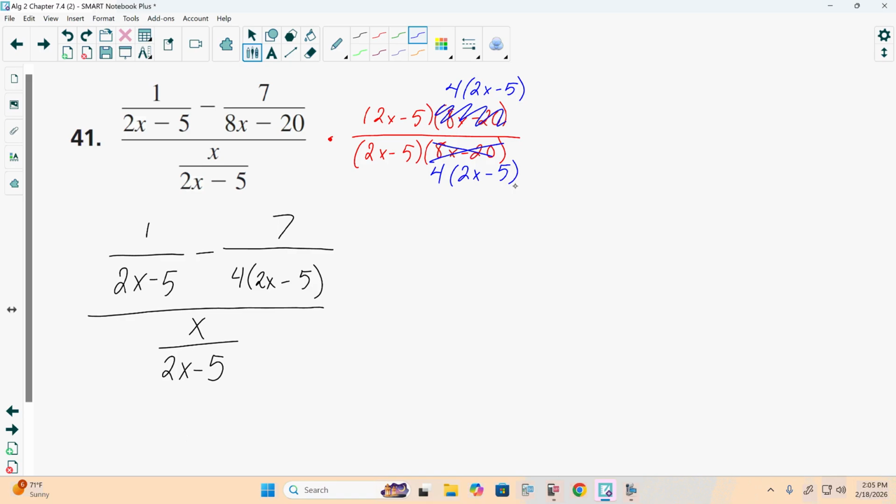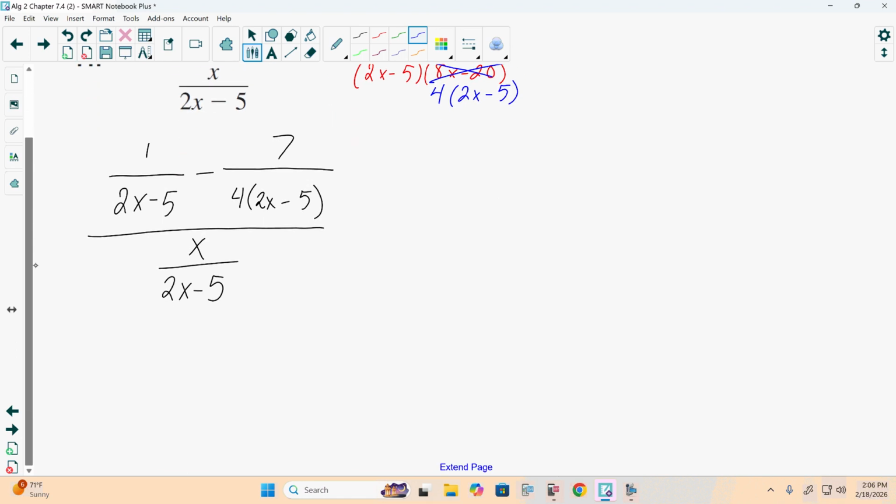We'd still get an answer, but we multiplied by 2 factors of 2x minus 5, and we only needed 1. That's why I was saying earlier that we need to make sure we factor. Because that extra factor 2x minus 5 is going to make what we have to factor at the end a lot bigger than it actually needs to be.